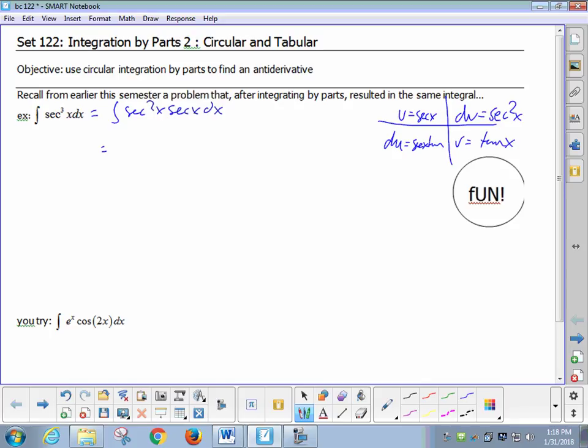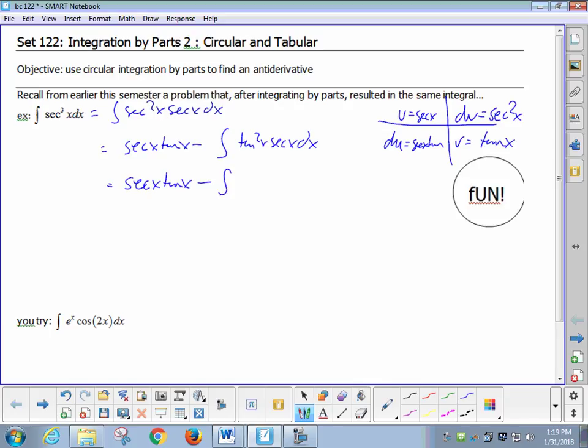Okay, then I get uv is secant of x tangent of x, minus the integral of voodoo: tangent squared secant. Are you seeing where I'm coming from? The idea was to then use an identity to get secant cubed back.